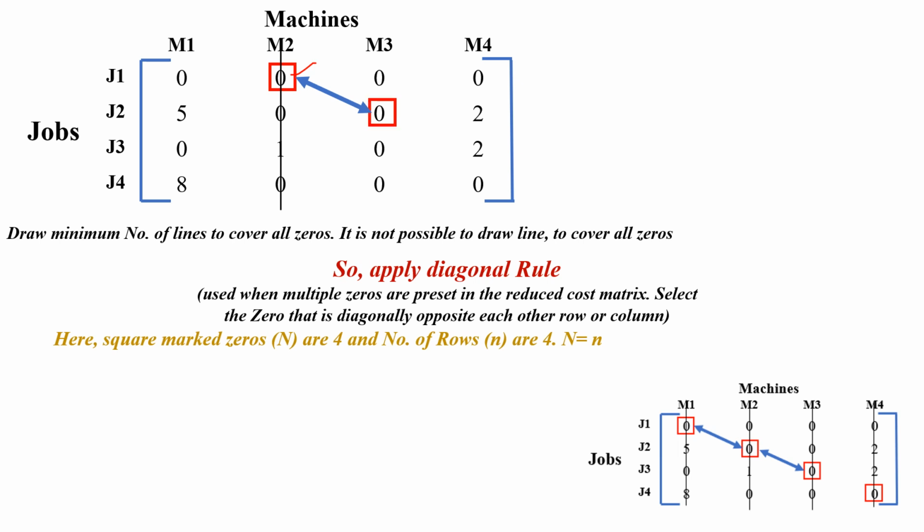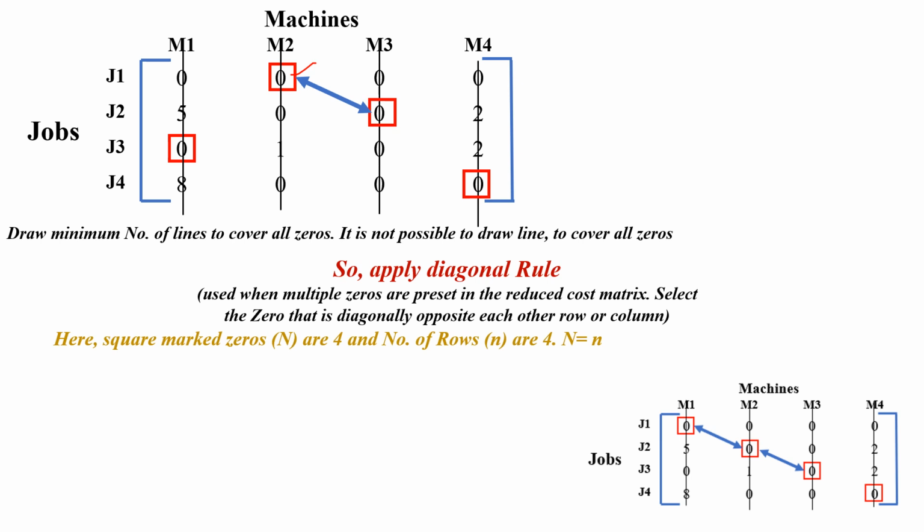Then mark a square around the 0 and draw a vertical line. In the third row also there is exactly one 0. So mark a square around that 0 and draw a vertical line.